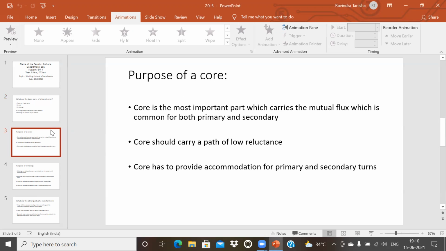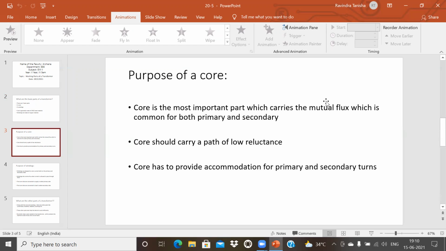If you want to understand the purpose of each part, here comes the purpose of the core part. Core is the most important part because its duty is to carry the mutual flux. What do you mean by mutual flux?